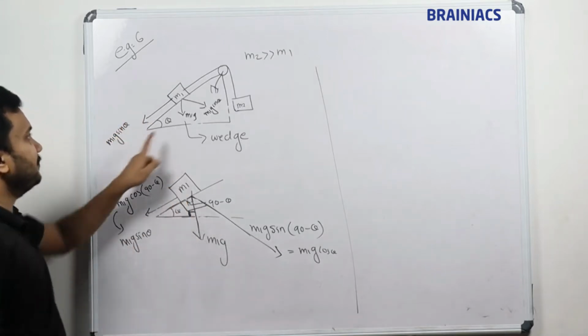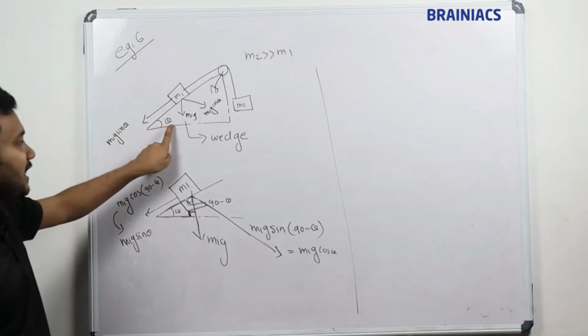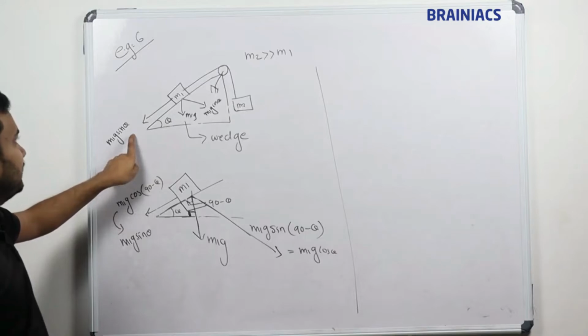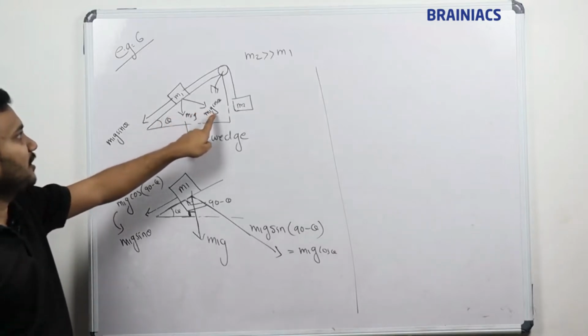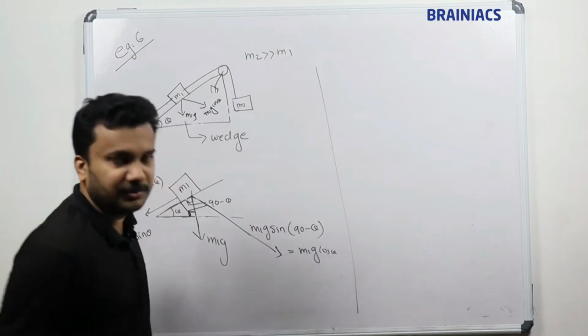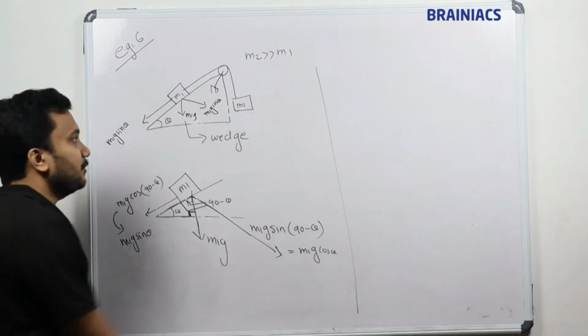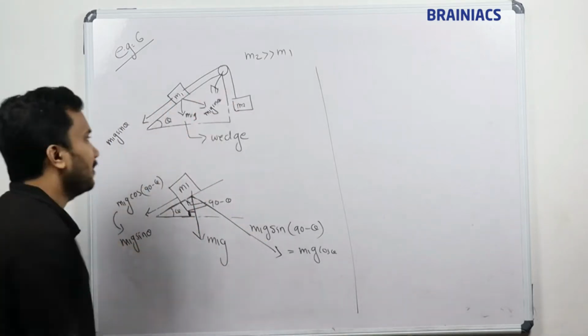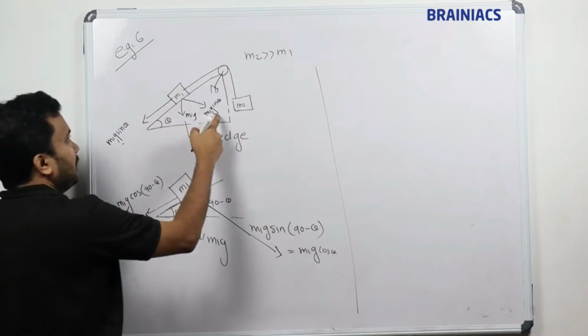Always remember like this: if this angle is theta, based on this angle we say m1g sin theta, and this perpendicular one is called m1g cos theta. From today onwards, whenever you see a diagram like this, blindly mark m1g sin theta and m1g cos theta.